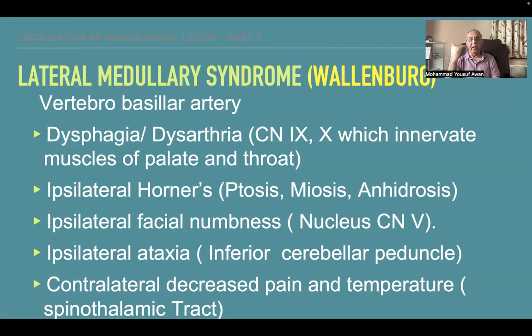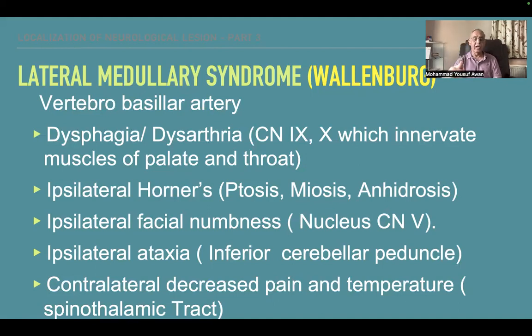Ptosis means drooping of the eyelid. Miosis is constriction of the pupil, and anhidrosis is the loss of sweating on that side. Ipsilateral facial numbness is the result of a fifth cranial nerve problem.